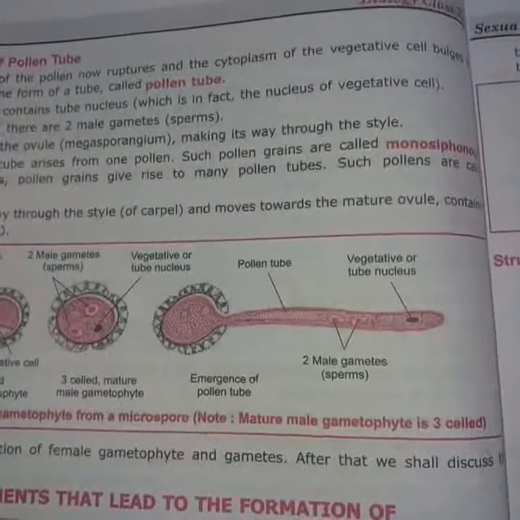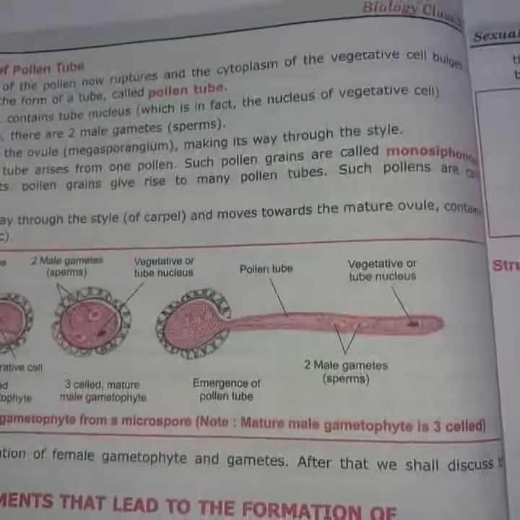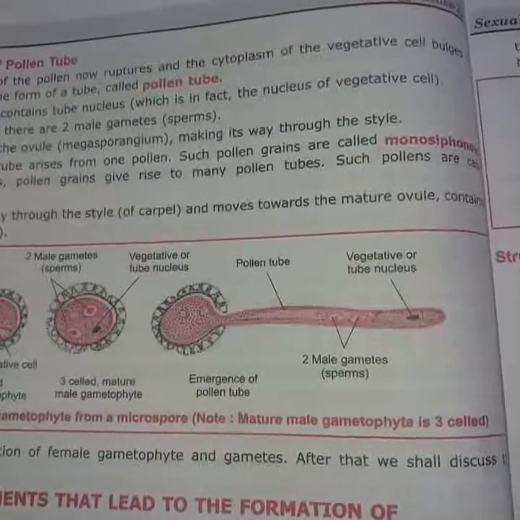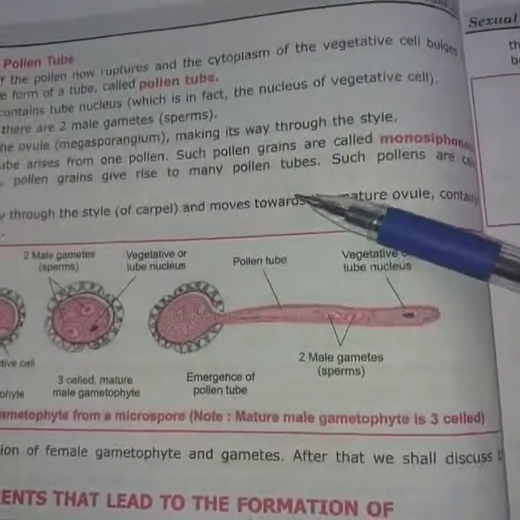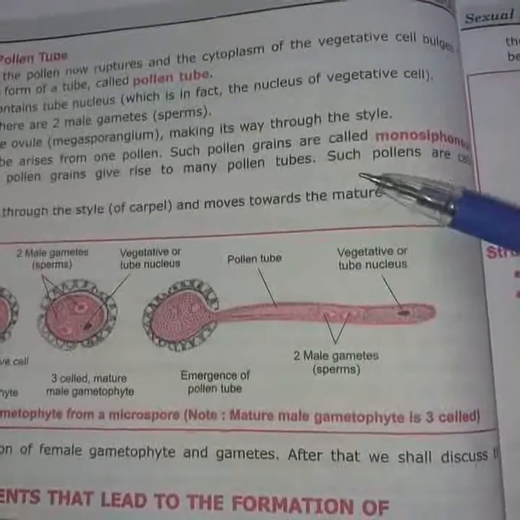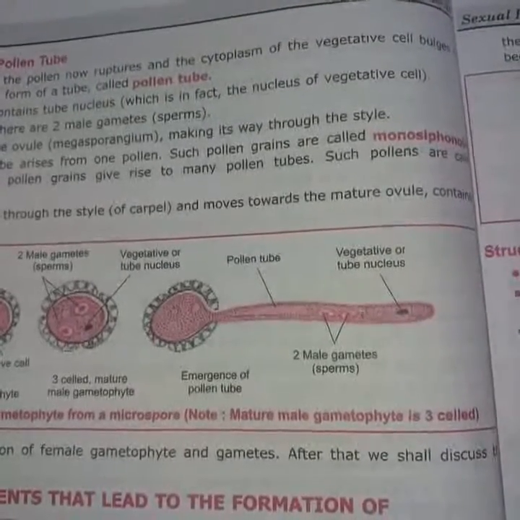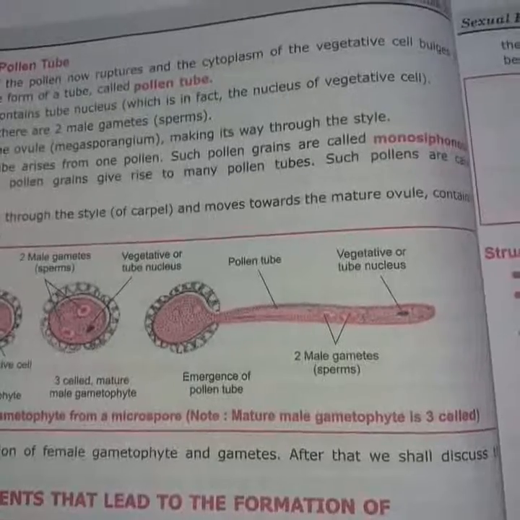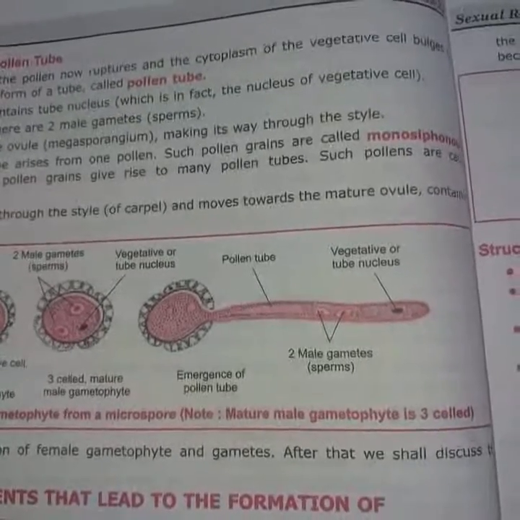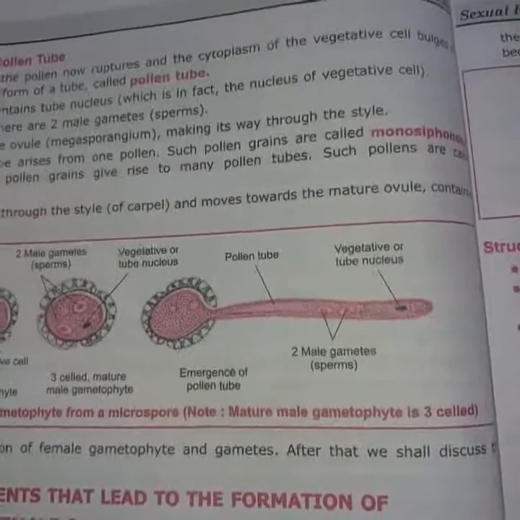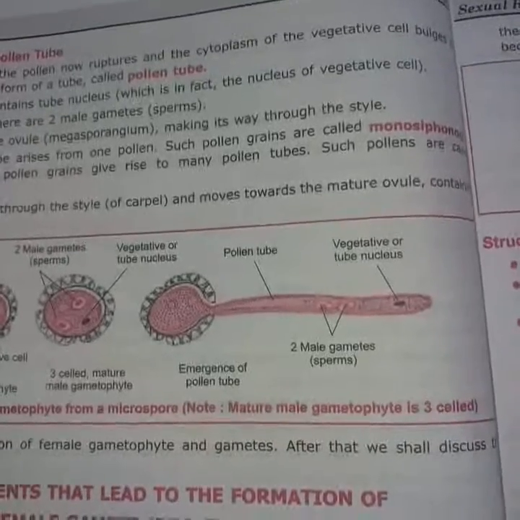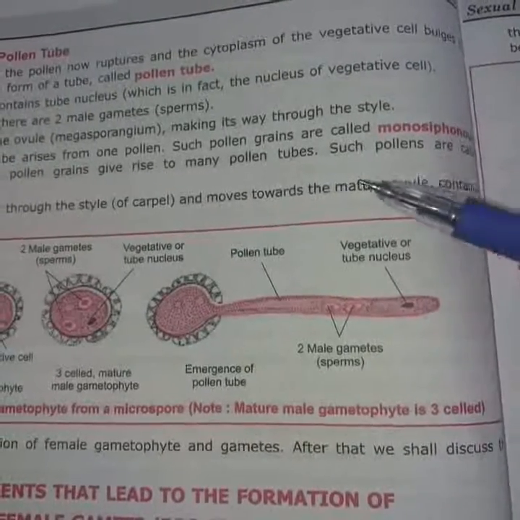In some plants, pollen grains give rise to many pollen tubes. Such pollens are called polysiphonous. Polysiphonous plants are rare, but in most plants pollen grains are monosiphonous.